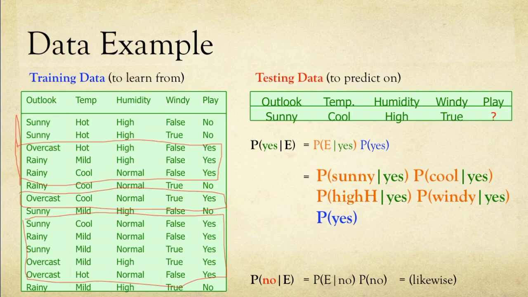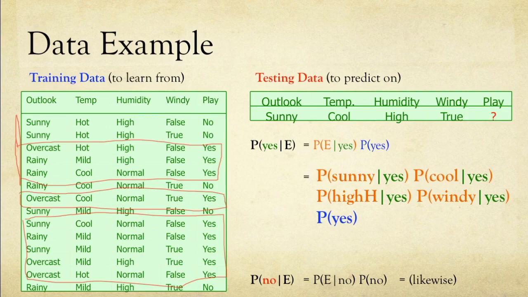Now, what about the individual probabilities of the evidence? For example, P(sunny given yes). How likely can we have a sunny outlook given the game is being played? So among the 9 instances where the game is played, there are only 2 instances with sunny outlook.